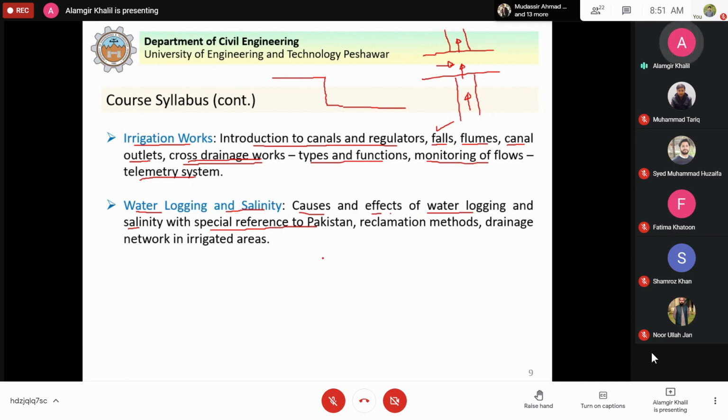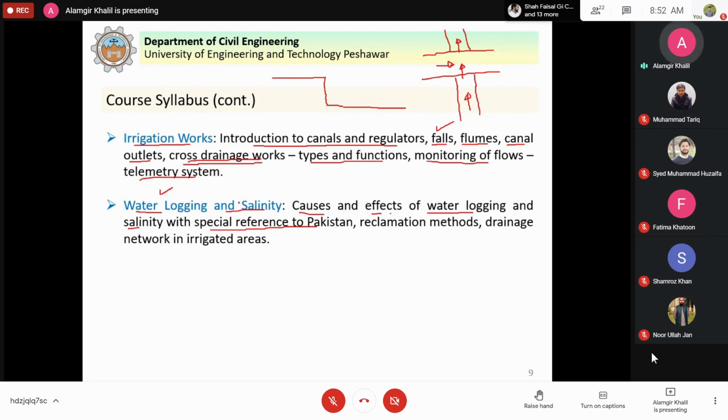So in Pakistan, as I already gave you the example, in our province, after construction of the Tarbela Dam, the water table rose in the adjoining areas due to seepage of the water. So this contributed to waterlogging. When the productivity of the land is adversely affected by the high water table, this is known as waterlogging.